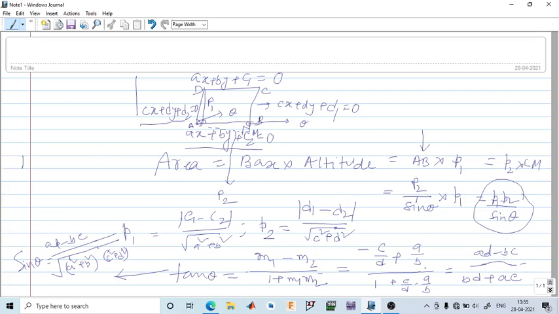Area equals to p1, that means (c1 minus c2) dot root a square plus b square into (d1 minus d2) dot root c square plus d square into (ad minus bc) by root over of (a square plus b square) dot bracket (c square plus d square). That means these roots are going to cancel, and what you will get?